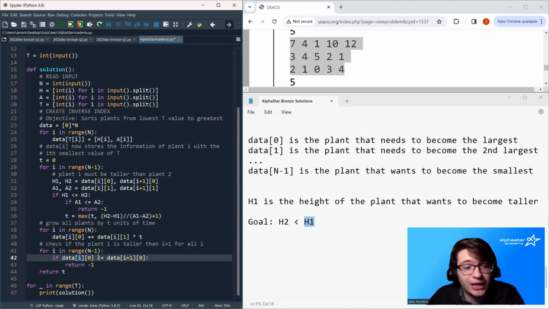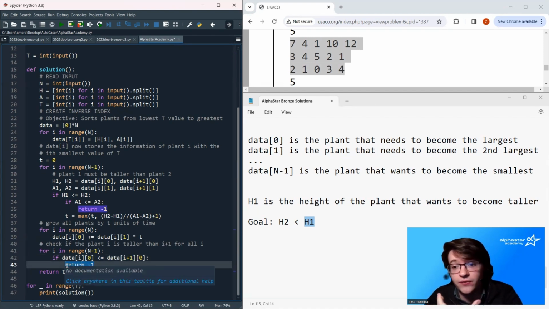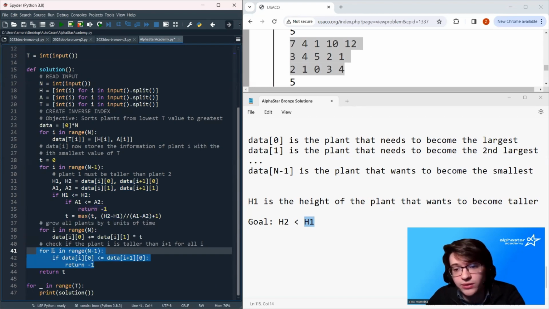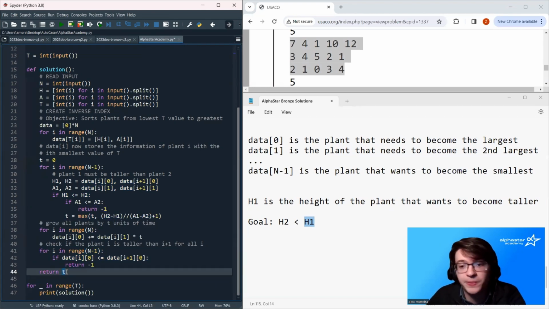So if the ith plant actually ends up being the same height as the ith plus 1 plant or smaller, then we're also going to return -1 because that's another failing. If, however, they're all properly ordered, then we can just return t and we've solved the problem.